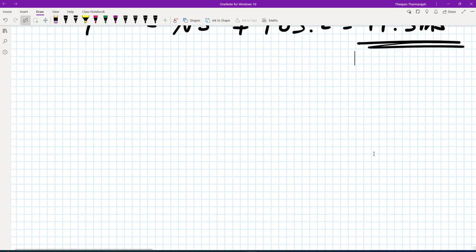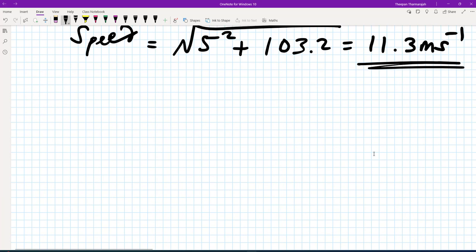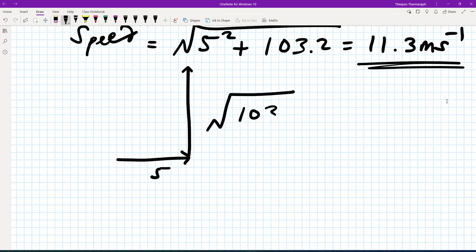We know that the vertical component is square root 103.2, and the horizontal component is 5, so we can draw that here. 5, and then square root 103.2.